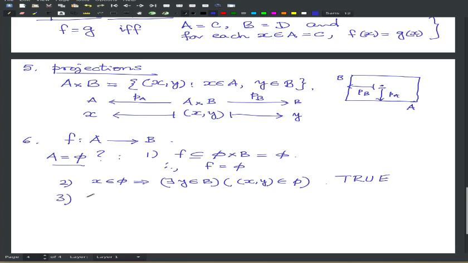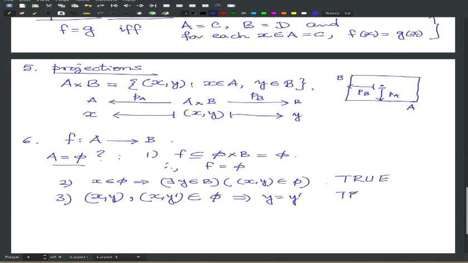Number 3. Suppose (x, y) and (x, y prime) belong to the empty set, then y is equal to y prime. Is this true? Yes, because the hypothesis is false.